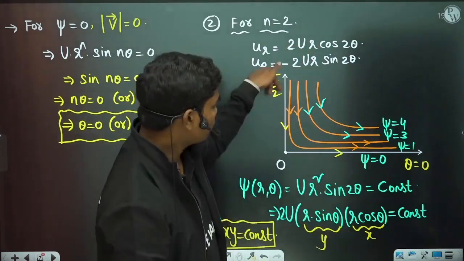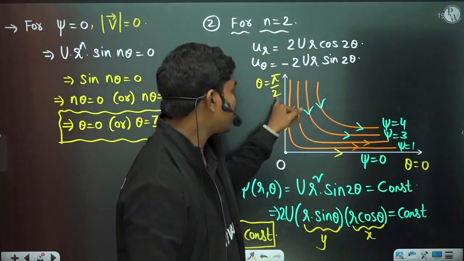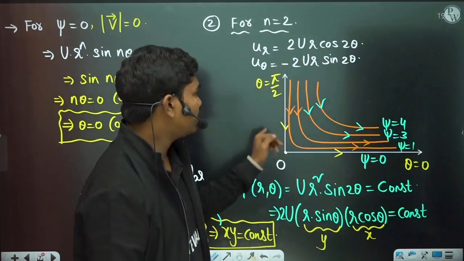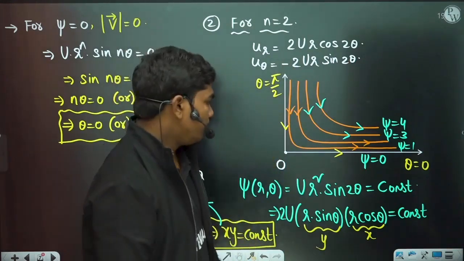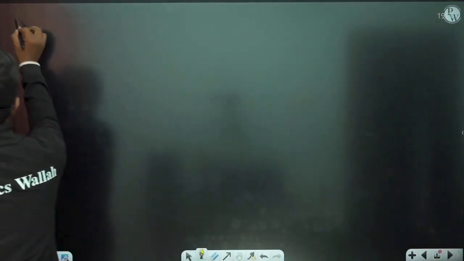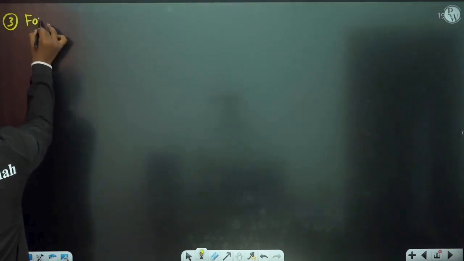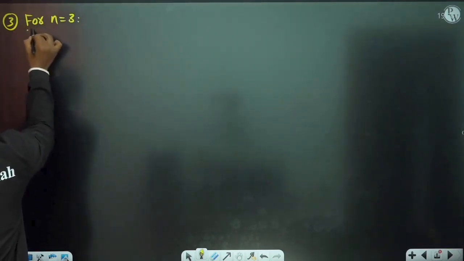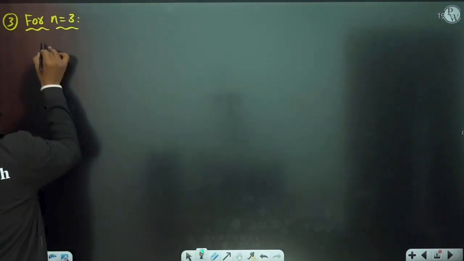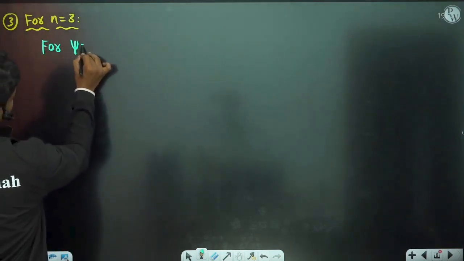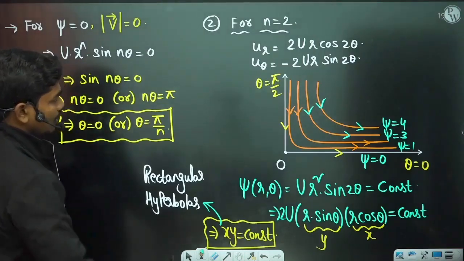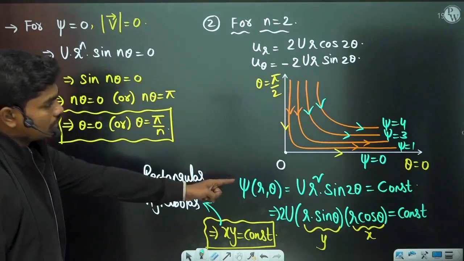Since there is no flow across this line, because whenever you put theta equal to pi by 2 or theta equal to 0, the stream function value goes to 0. So that's why we have this value. Now if you see, for example, for n equal to 3, when you put n equal to 3, then for psi equal to 0, for the stream function value to be 0, tell me what comes here.